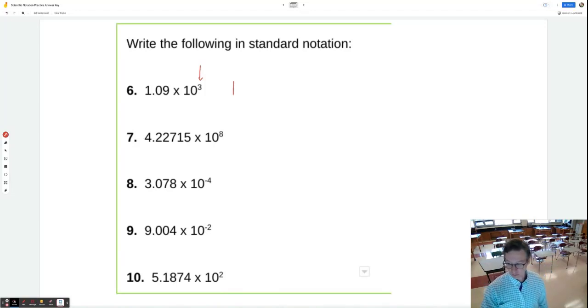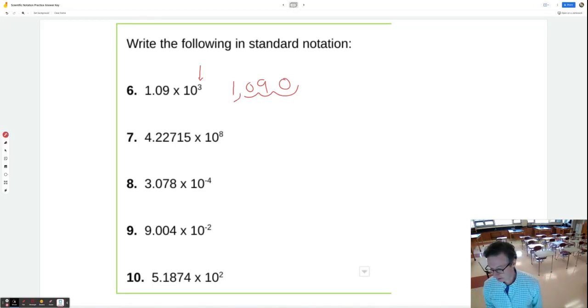So we start out with 1.09. And I got to move 1, 2, 3 places, fill in that extra place with a 0. That's what the placeholder zeros are there for. So that is your positive 3 exponent. 1, 2, 3 places to the right. That gives us 1,090.